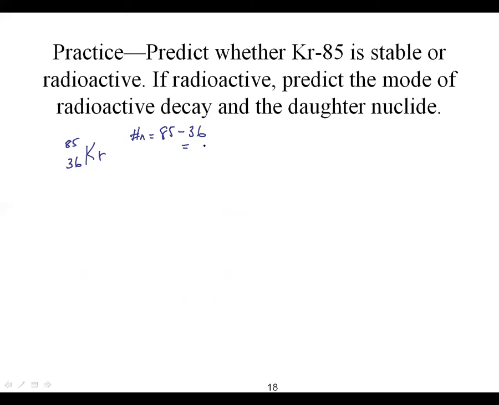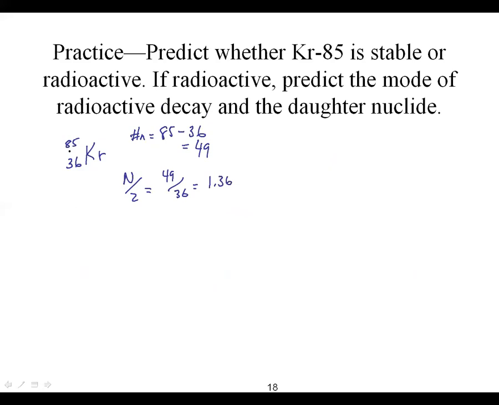And that gives you 49. And that means our N to Z ratio in this case is going to be 49, which is our neutrons, divided by 36, which is our protons. That's going to give us an N to Z ratio of 1.36.